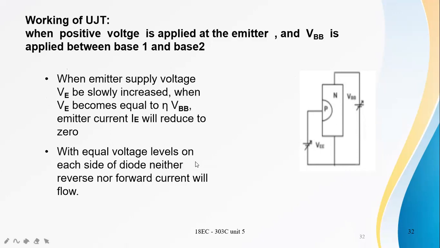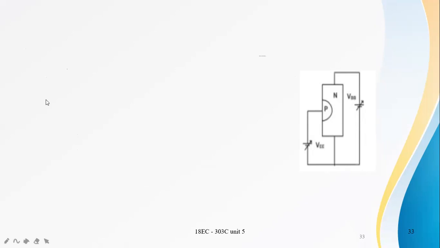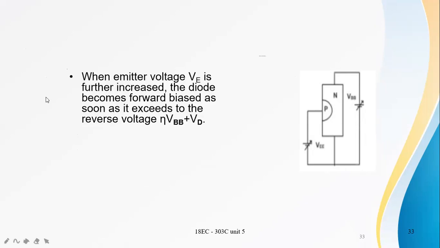With equal voltage levels on each side of the diode, neither reverse nor forward current will flow. There is no current, so in this case also IA is 0.